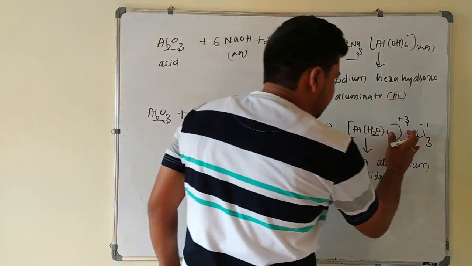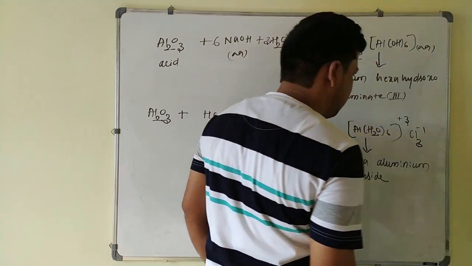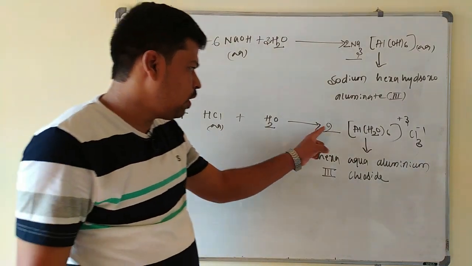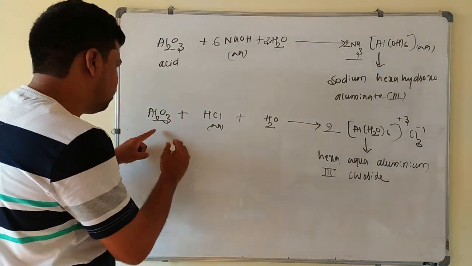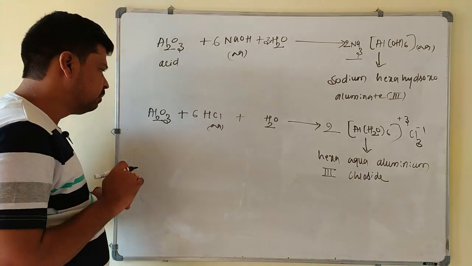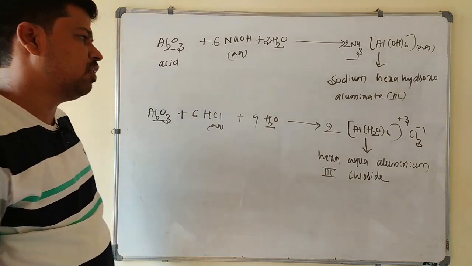This complex you can write simply as Cl3, each chlorine is -1 here. So we'll balance the reaction now. Total 12 water molecules are required here. So from this one 3 oxygens are there, you take 6 HCl, so that here you will get 3 water molecules. So remaining, I will take here 9 water molecules.